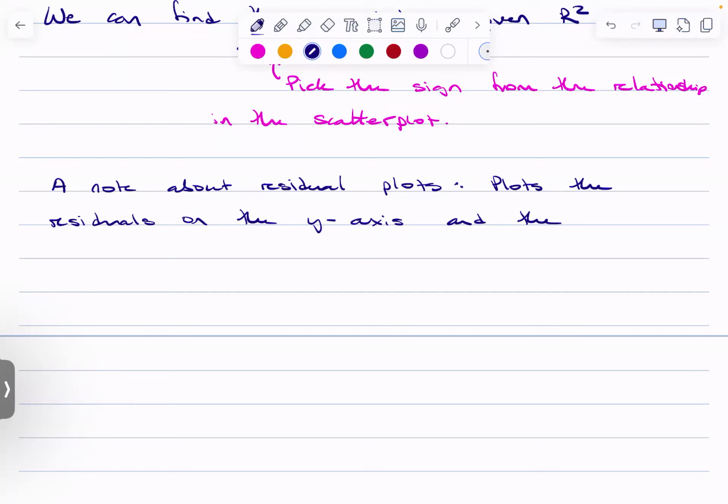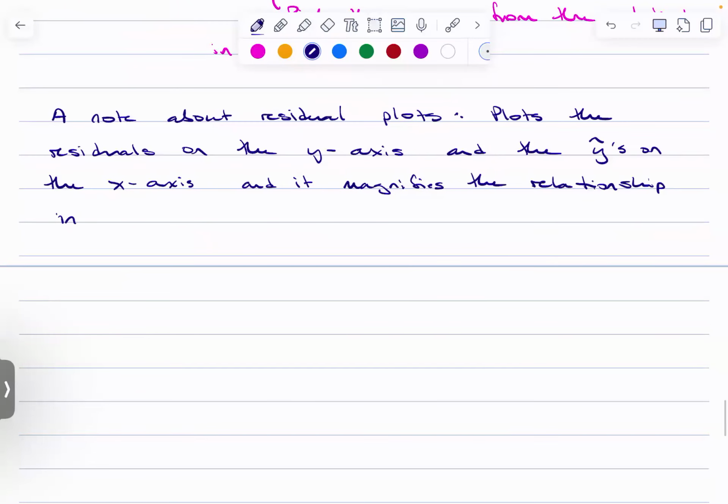You can use the y value. So there are different techniques, but it magnifies the relationship in the original scatter plot.